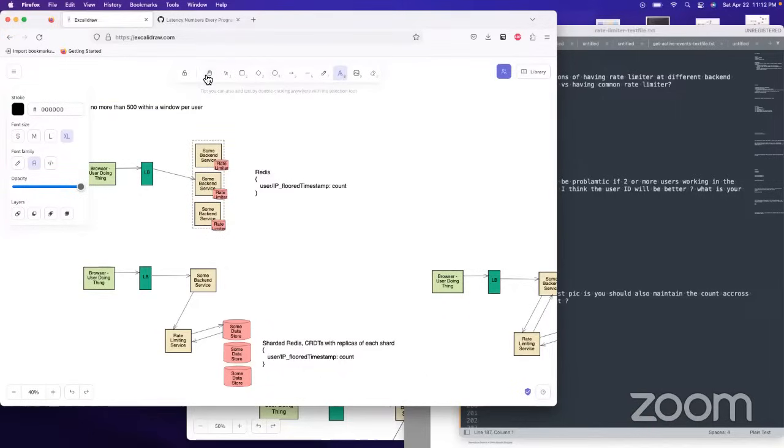We're going to say 3 instances, just so that it matches up with my diagram perfectly. I'm going to say no more than 300 actions within a window per user. You've got 3 instances, and so you would say 100 max counts allowed per key for each instance.